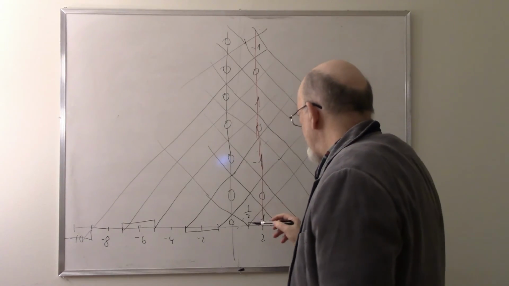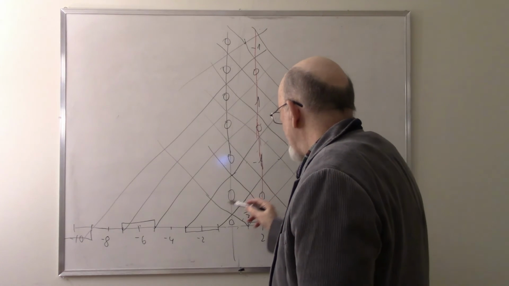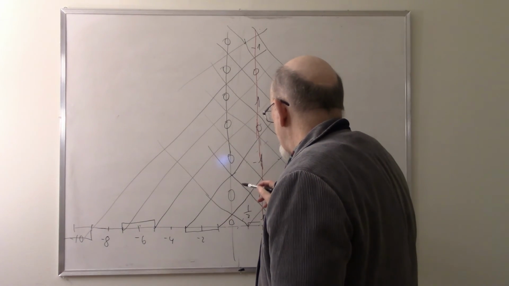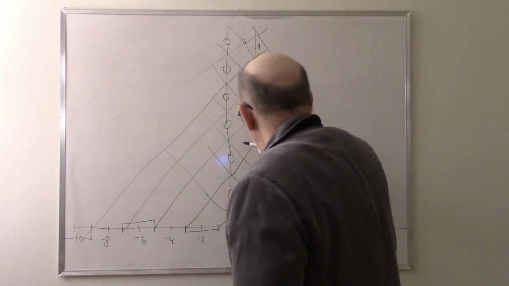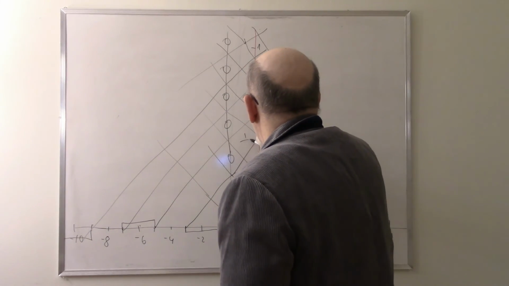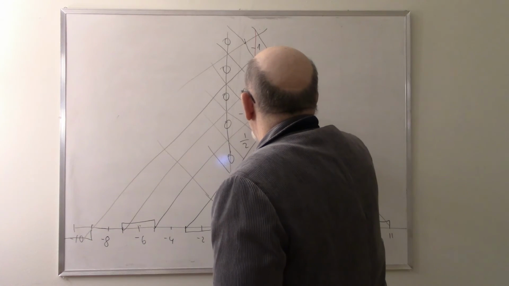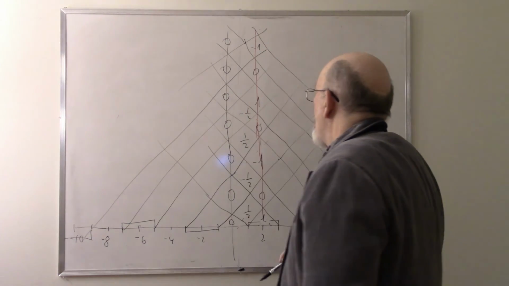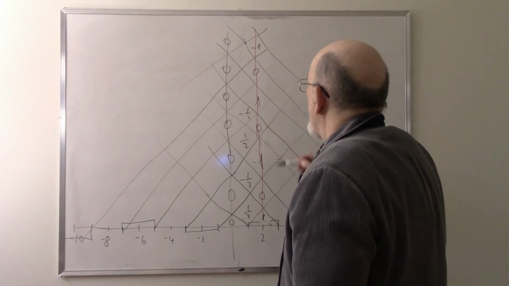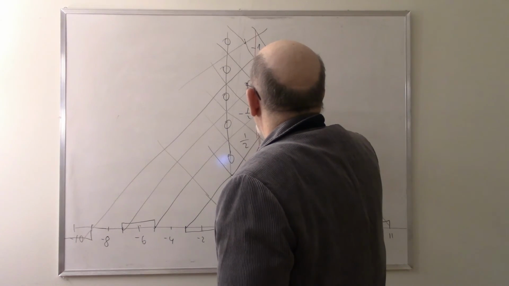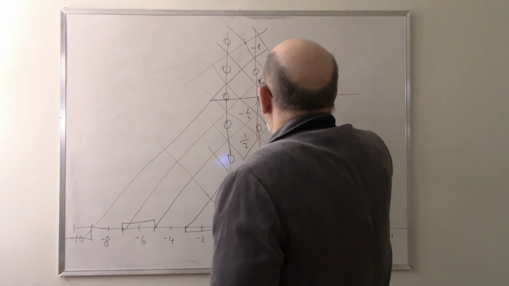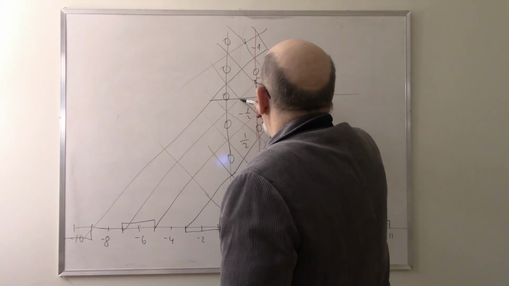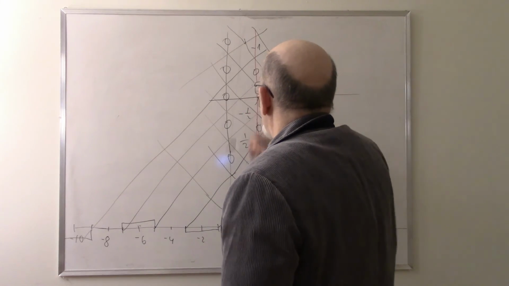It remains to find it here. It is 1/2. Here it is minus 1/2. Here it is 1/2, minus 1/2. Yes, and here we have again 1 from 1 to 2 and 0 from 0 to 1.